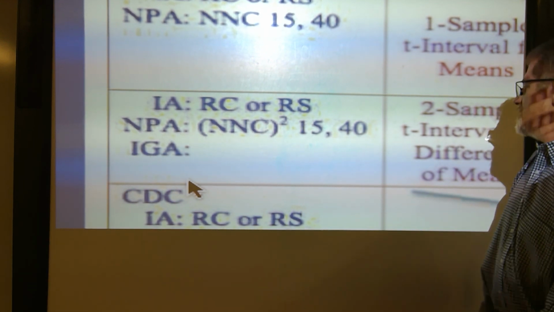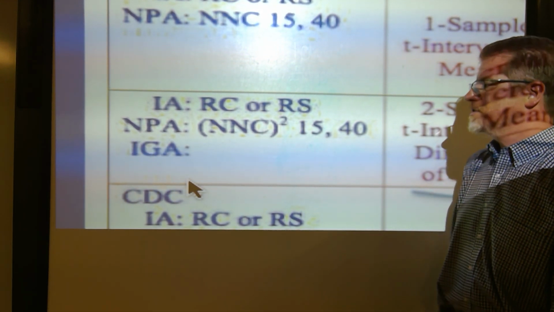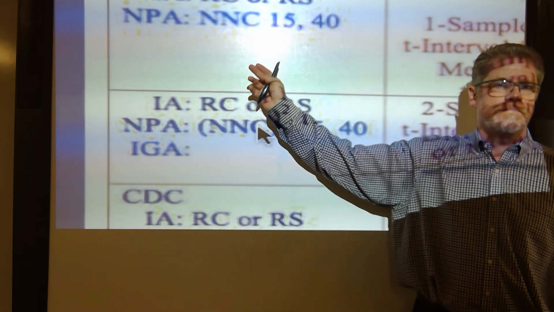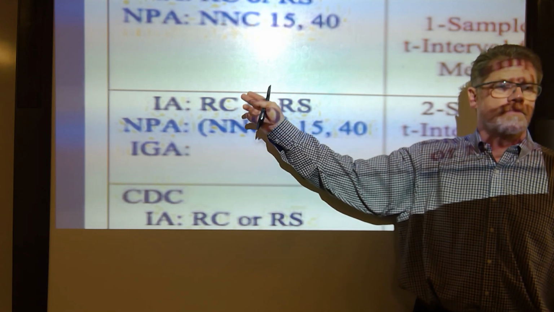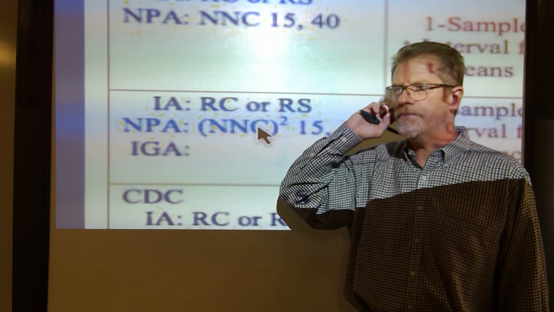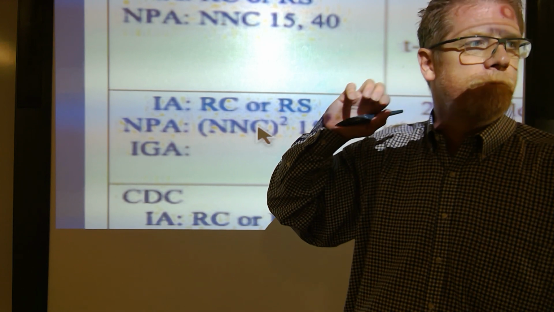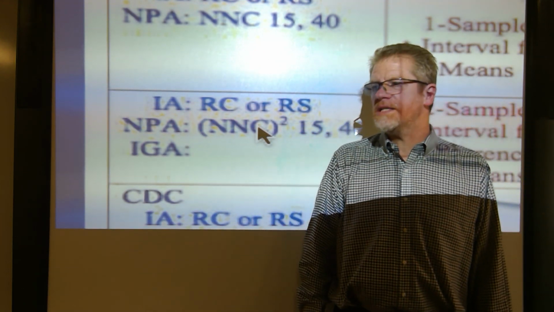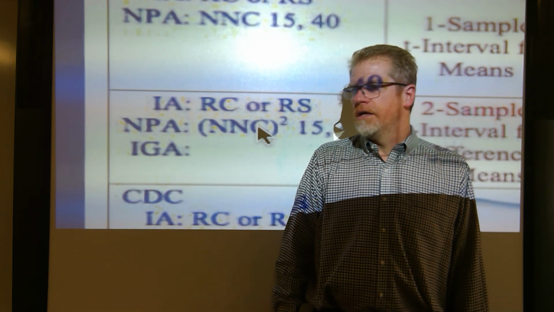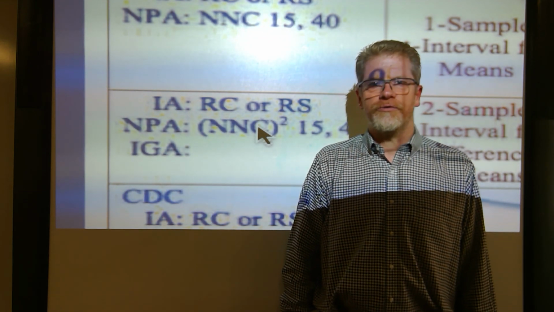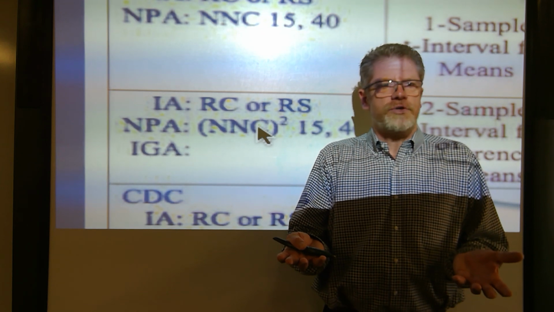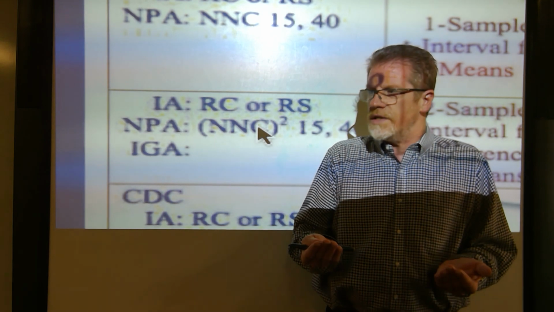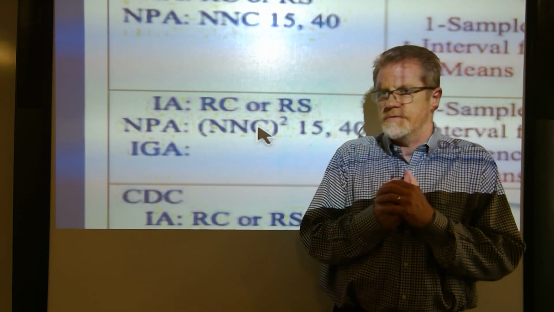Why are we not allowed to build a two-sample t-interval for difference of means? I'm hearing something. What? Why is it mathematically misguided to build a two-sample t-interval for the difference of means to assess whether or not forced exercise increases mean job satisfaction?